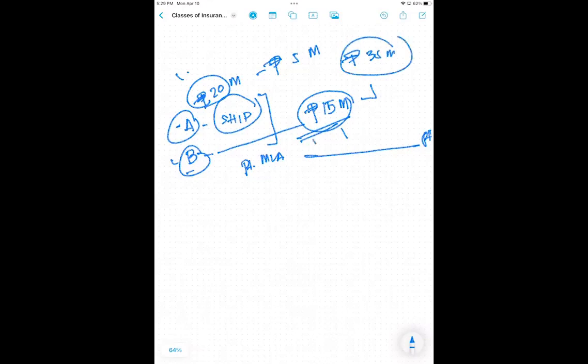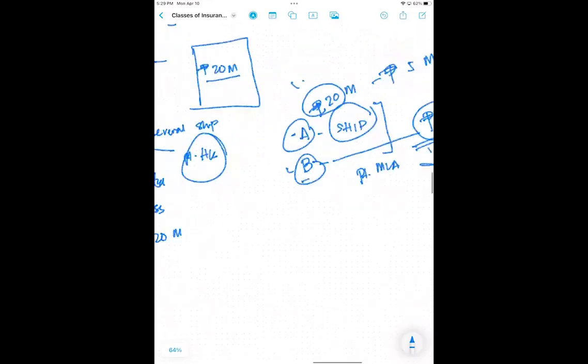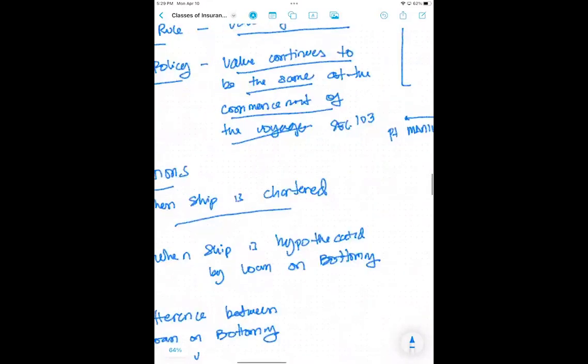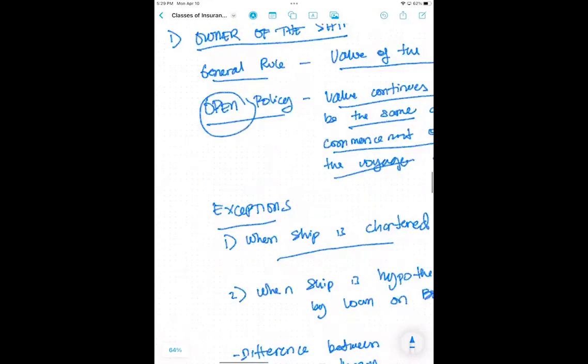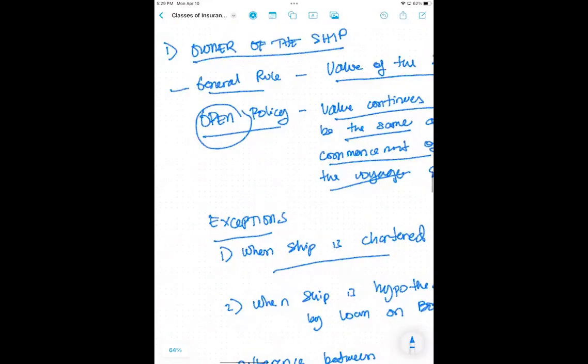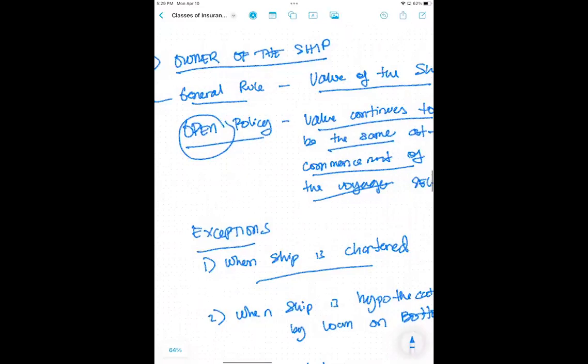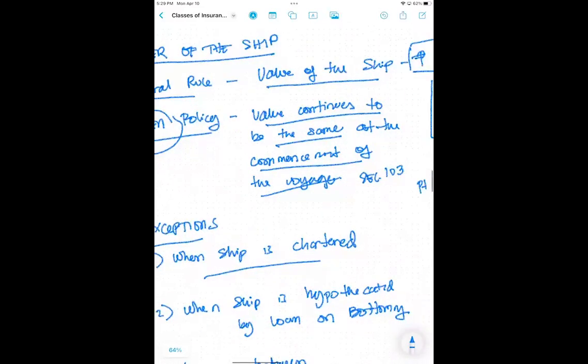Ay pagdadasal niya na sana lumubog yung barko to the detriment of so many other persons. Okay, so that's the reason why this is an exception. Okay, so this is an exception to the general rule that the extent of the insurable interest of the owner of the ship is the value of the ship.